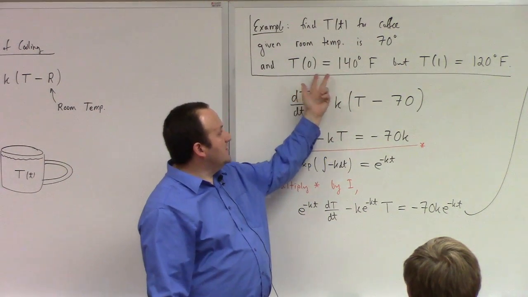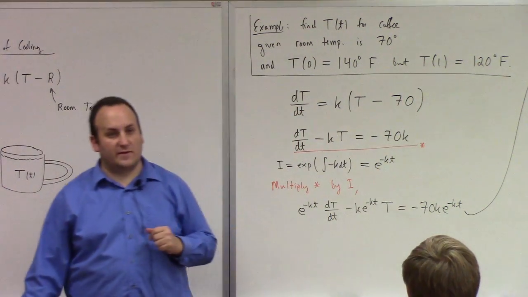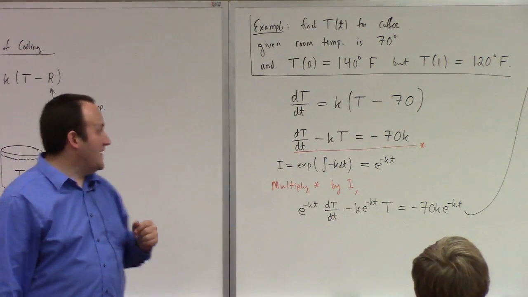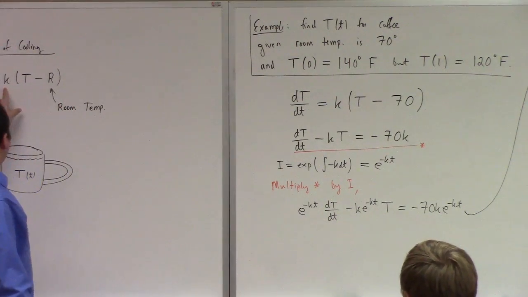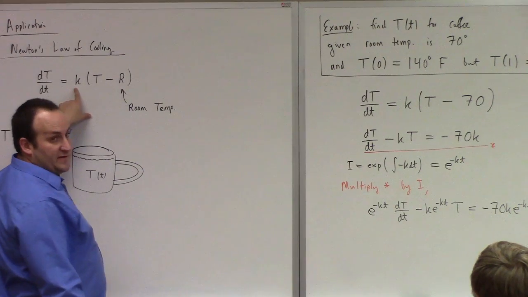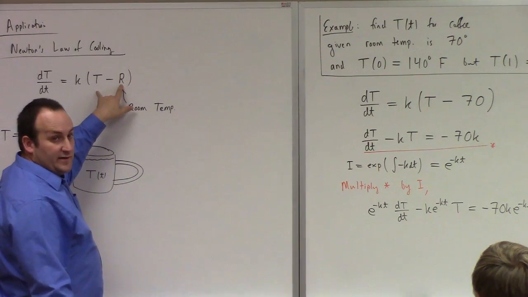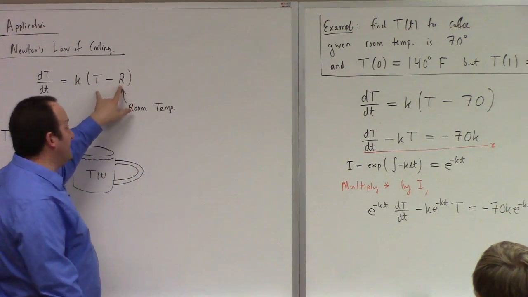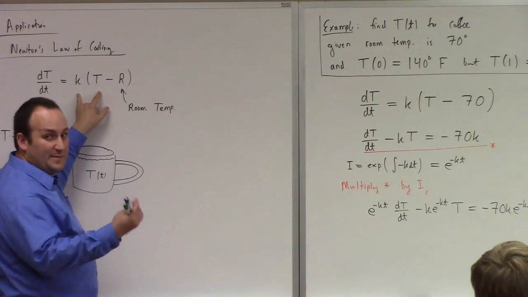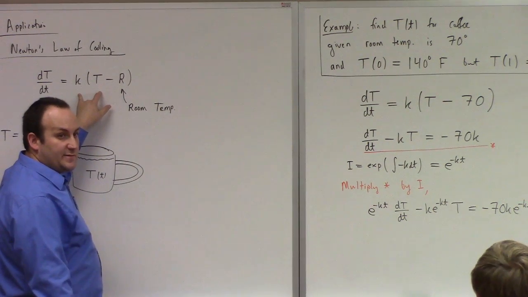We needed 2 conditions in order to fix the specific temperature function for the coffee. In fact, if you look at this generic thing, I have 2 parameters: the coupling coefficient of the system, as well as the ambient temperature. So I need those 2 pieces of data, as well as an initial temperature for the coffee. I need 3 independent pieces of data in order to actually apply Newton's law of cooling to a specific physical problem.